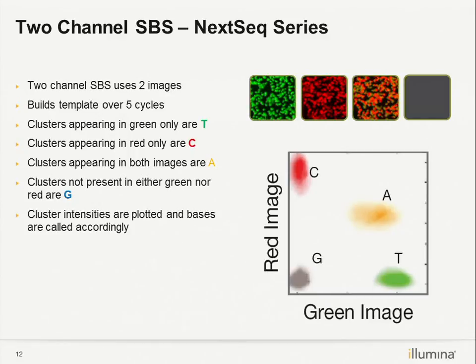It's because during the first 5 cycles, what we call template generation, which is very important for any of our instruments, the instrument uses the first 5 cycles to generate what we call a template. Template generation is essentially trying to identify the exact location of the cluster.